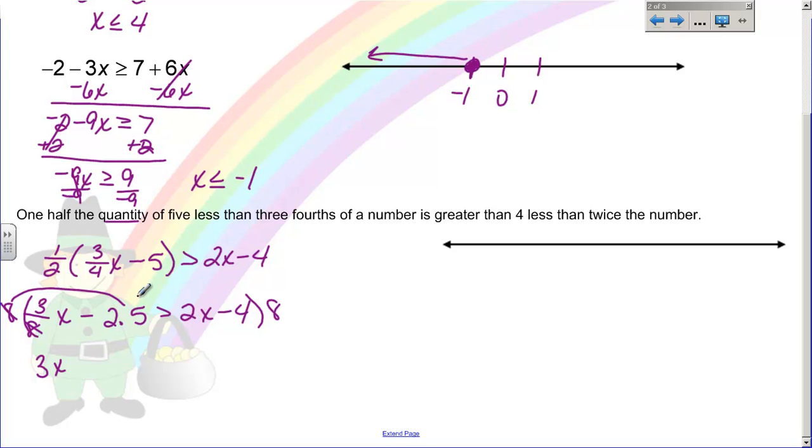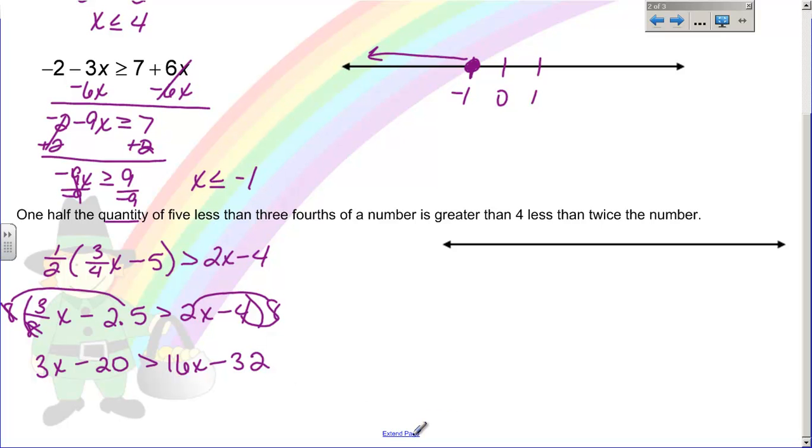And so I have 2.5 times 8. If you use your calculator correctly, you get that that equals 20. So it's minus 20, because I had this minus sign right here, is greater than. Now I still have to multiply both of these times 8. So 8 times 2x is 16x, and 8 times 4 is 32.